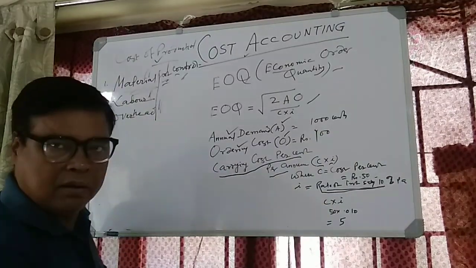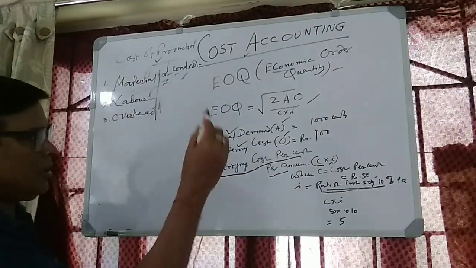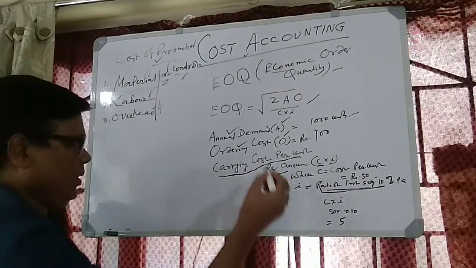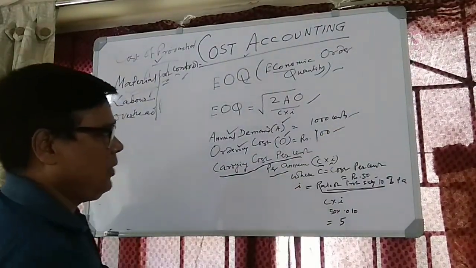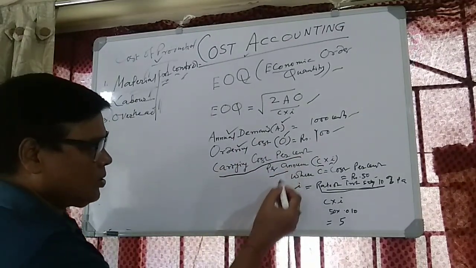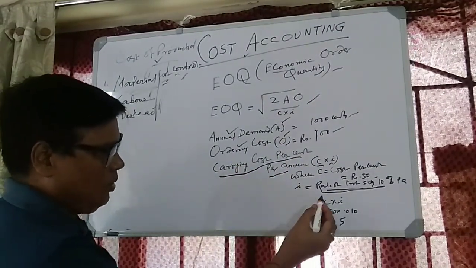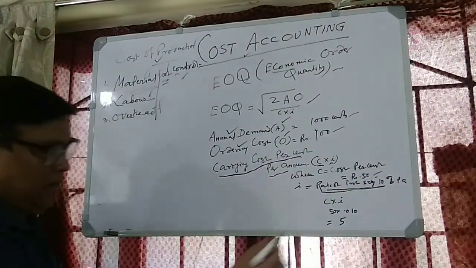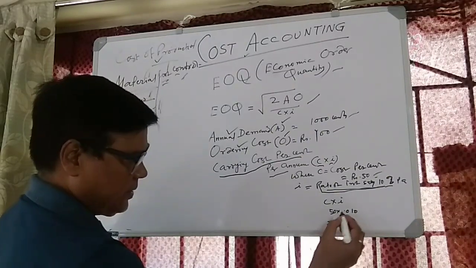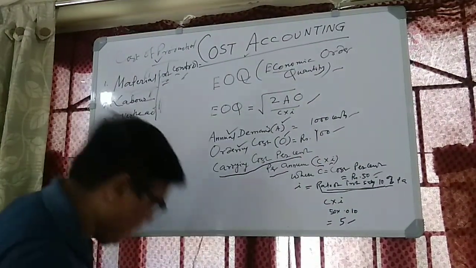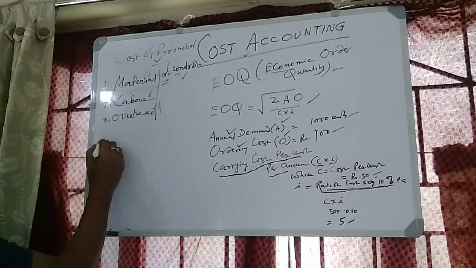For the example, say annual demand is 1000 units, ordering cost is 100, cost per unit is 50 and rate of interest is 10%, so C into I equals 5.